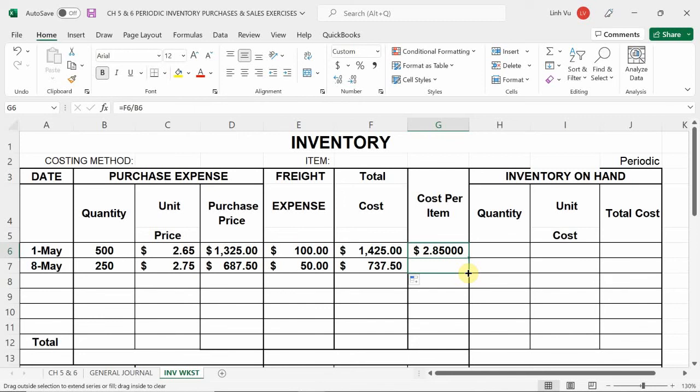If I have $737.50, and I need to divide it evenly through 250 units, what is my cost per item?